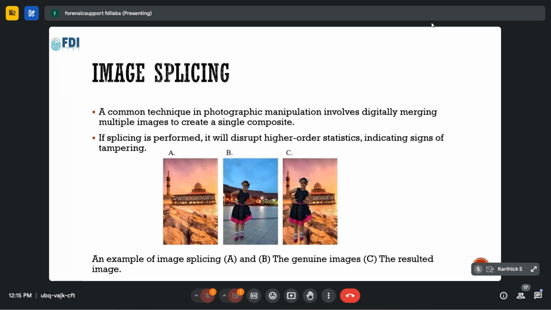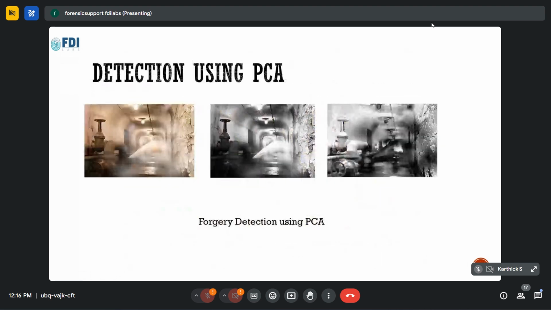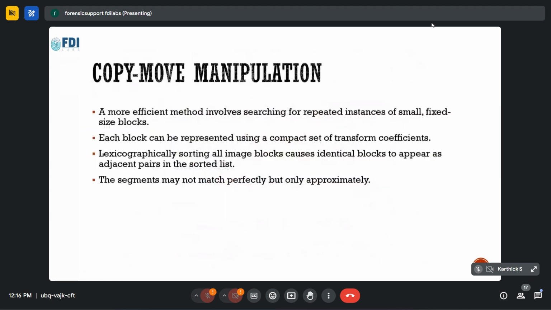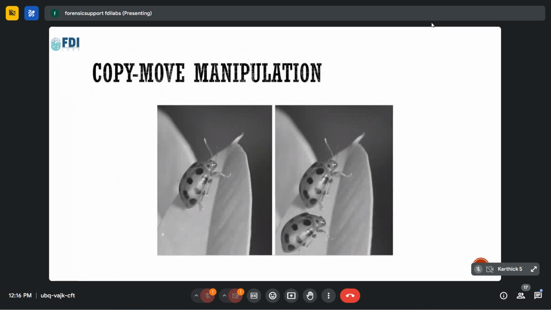So we saw that in cloning, only one singular particular region of that area, I mean, a single image has been copied and moved, pasted and cloned in the altered image.